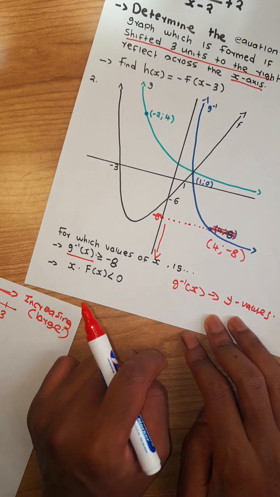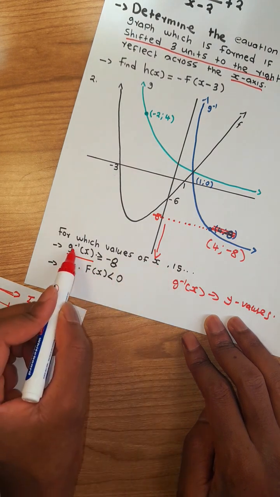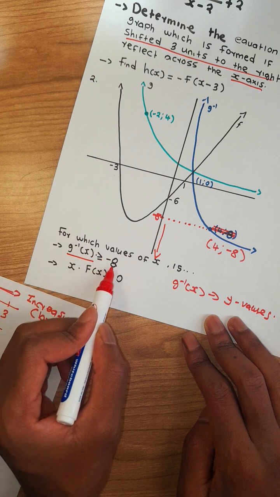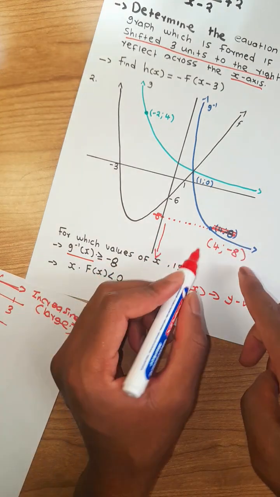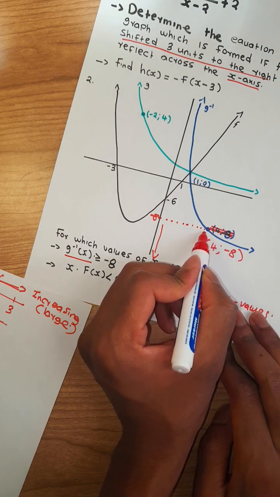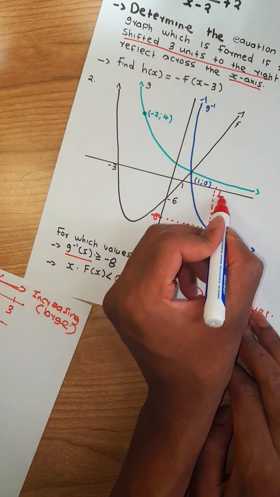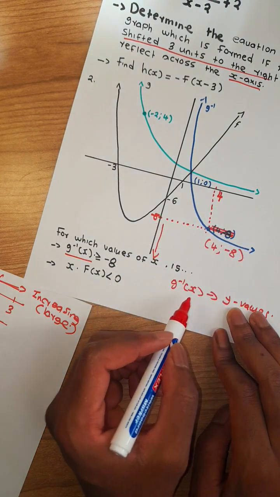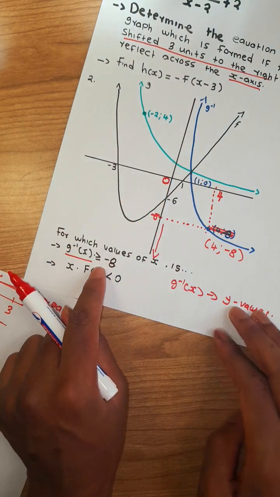So they are asking us, for which values of x is this inverse greater than -8? You realize that from x equals 4 until 0, this condition is met.